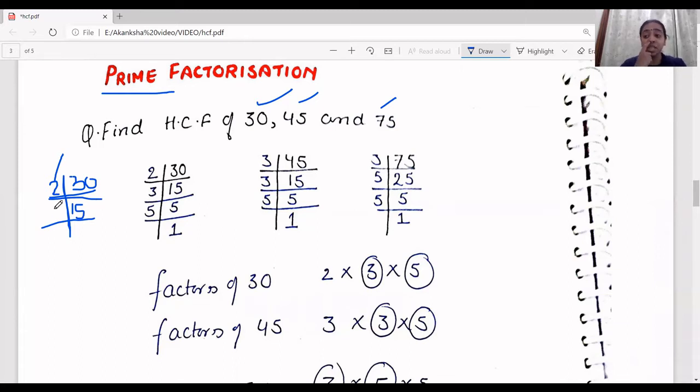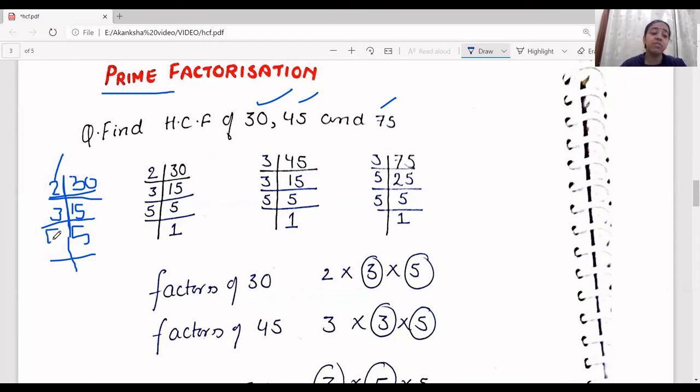Now, coming to the next prime number, which is 3. Is 15 divisible by 3? Yes, it is divisible by 3. Now, when you divide 15 by 3, you get 5, right? 3 5s are 15. Now, is 5 divisible by 3? No. Is 5 divisible by 2? No. Next prime number is, not 4, yes, 5.